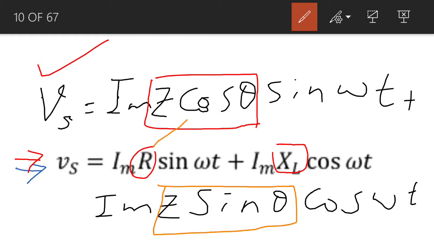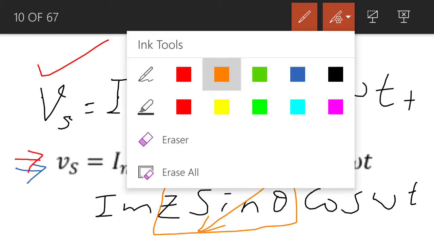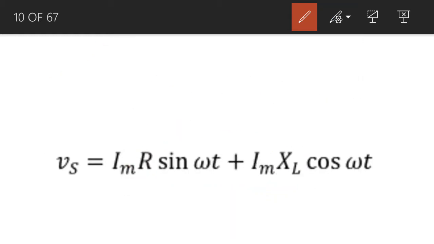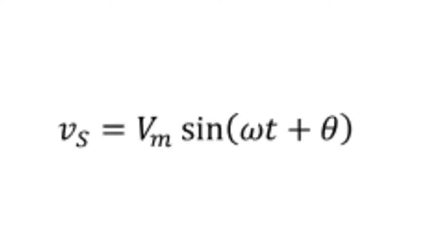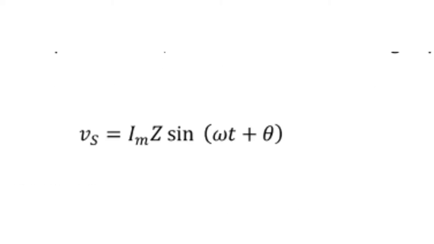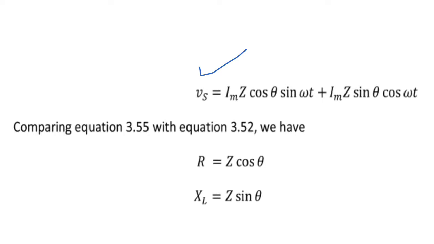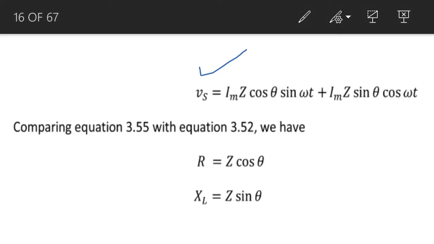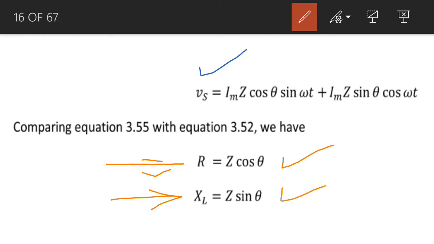So R is equal to Z cos theta and XL is equal to Z sine theta. So basically we compare these two equations. If we compare these two equations, then R is equal to Z cos theta and XL is equal to Z sine theta.